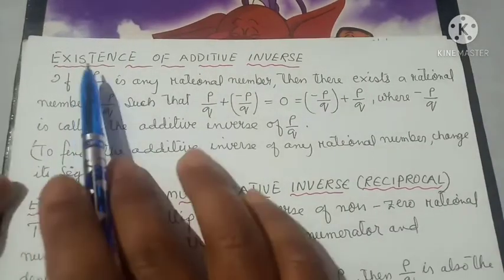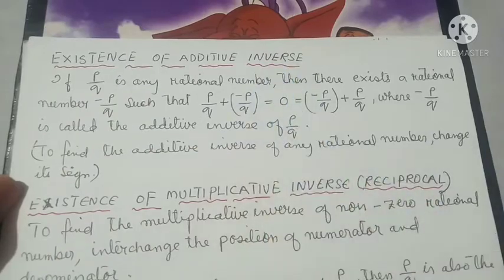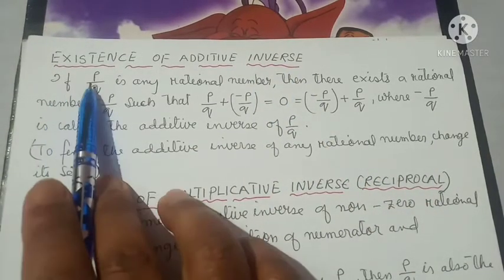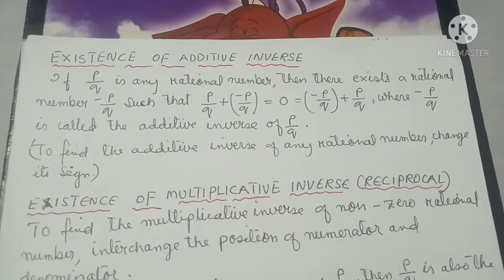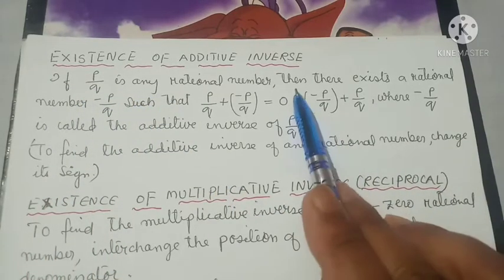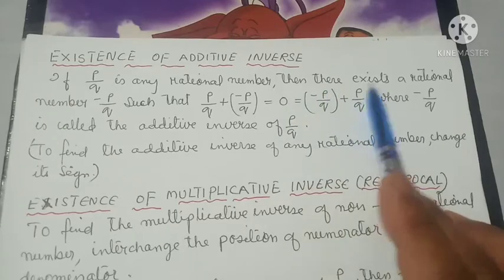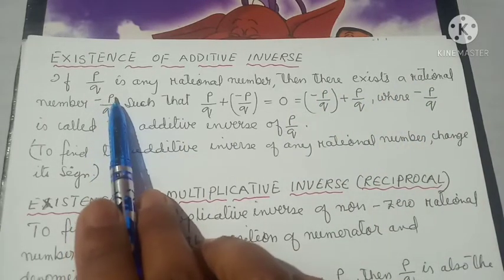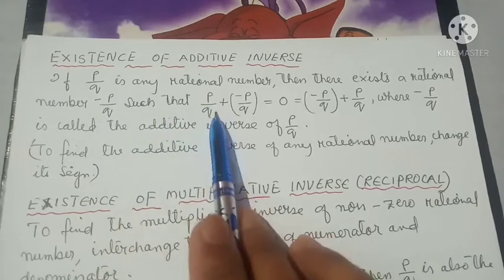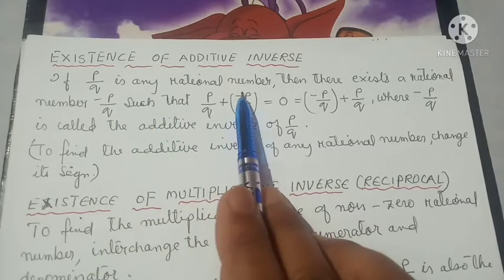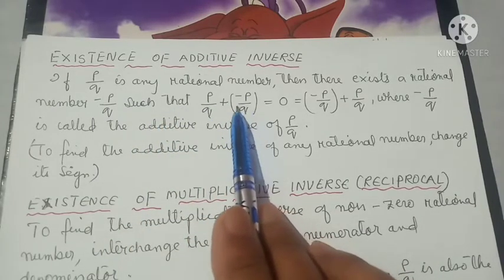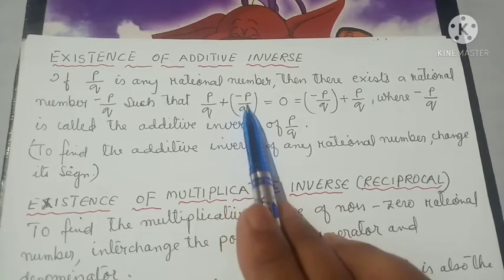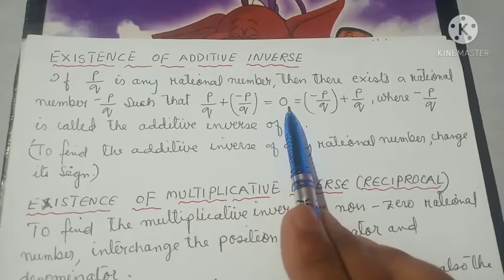So here is the existence of additive inverse. What is the additive inverse? Let's see here. If p by q is any rational number, then there exists a rational number minus p by q such that p by q plus bracket minus p by q bracket close is equal to 0.